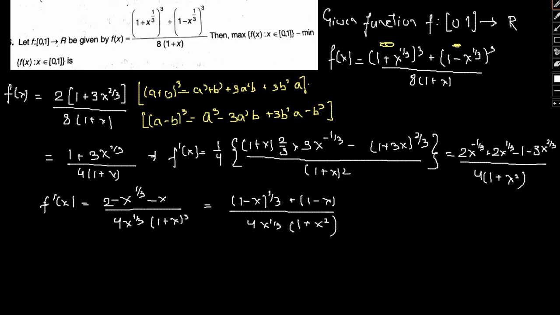Okay, so with that said, let's proceed further with the same. Here, since x is an element of [0,1], 1 − x^(1/3) should be greater than or equal to 0 and 1 − x should be greater than or equal to 0.